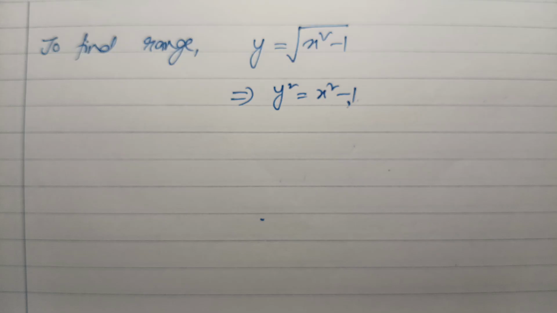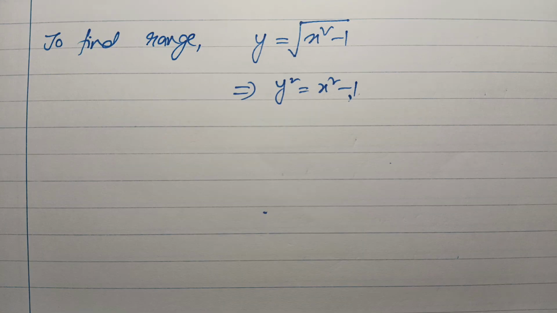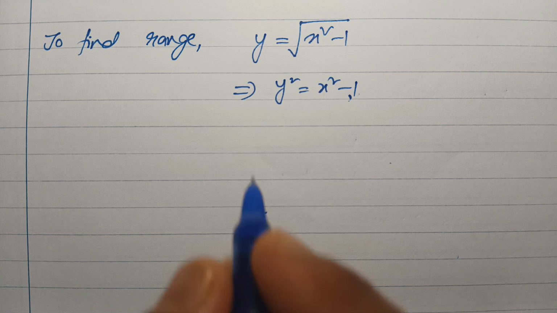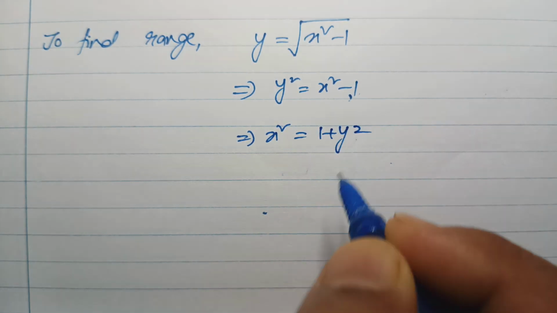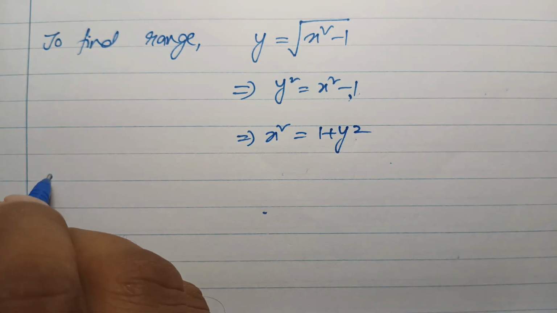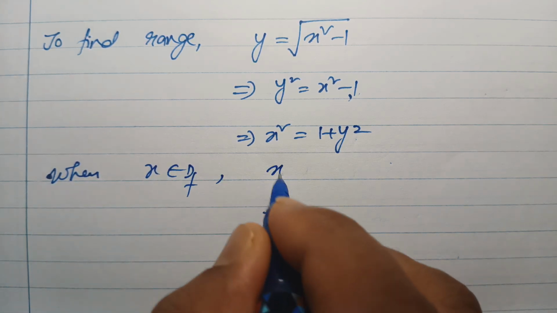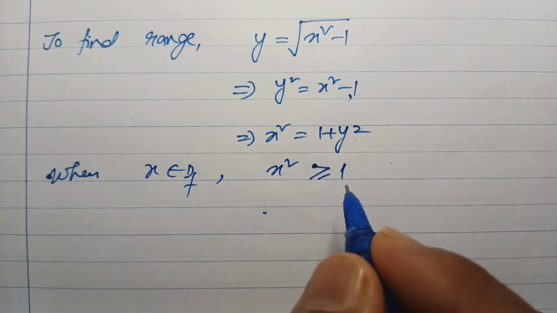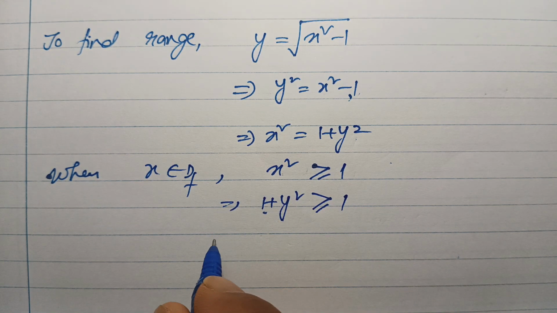To find the range we have to introduce this variable y. Now we'll try to express x in terms of y. So therefore x square equal to 1 plus y square. When x belongs to the domain, that means x square is greater than or equal to 1. This implies 1 plus y square is greater than or equal to 1.